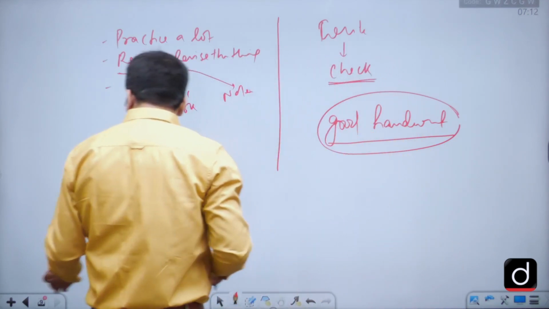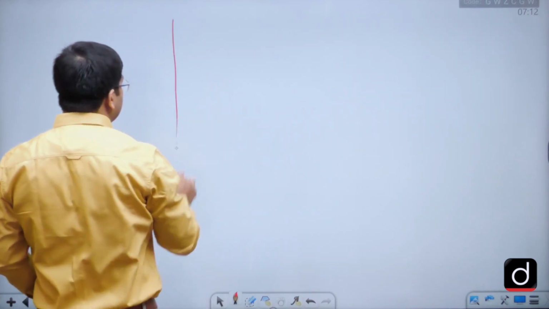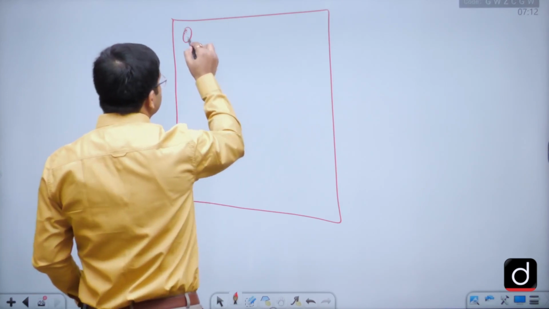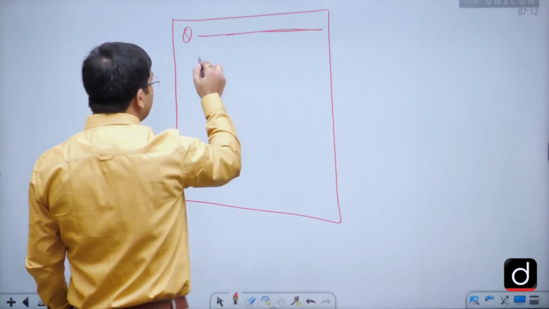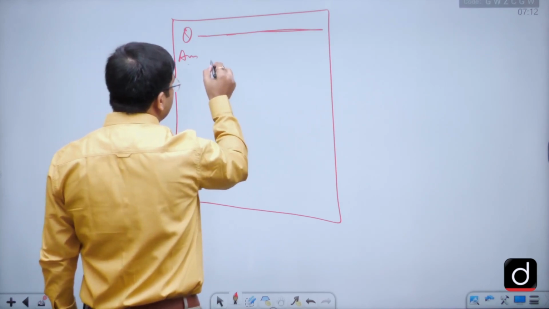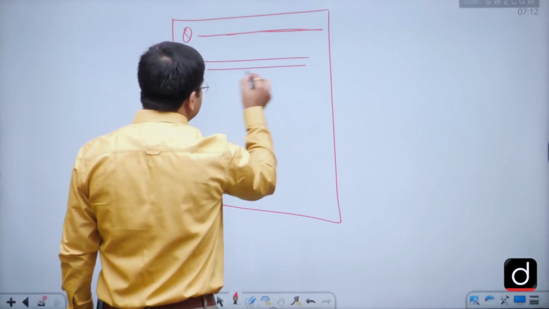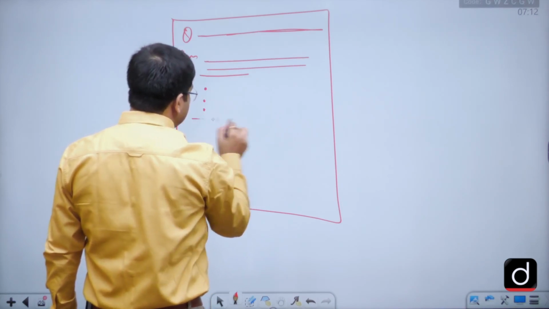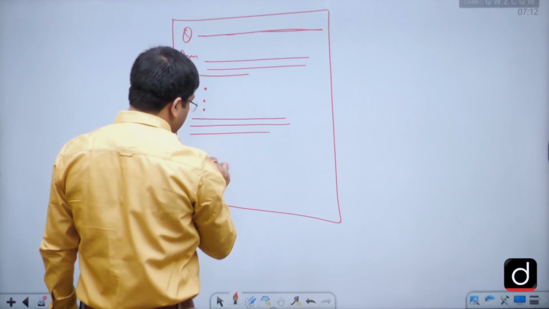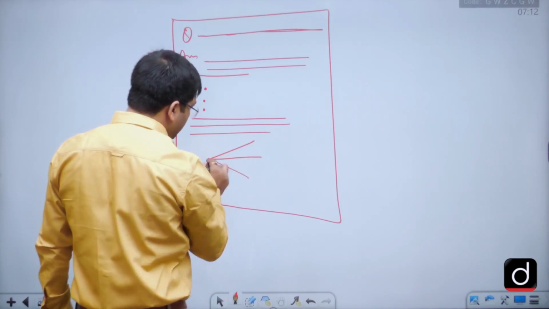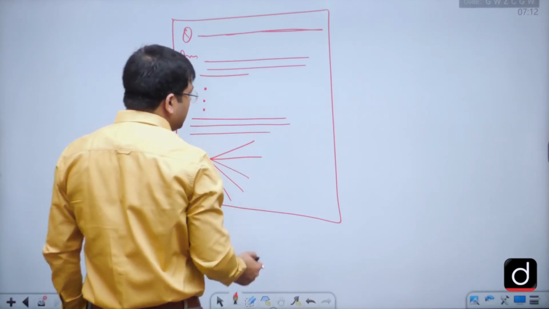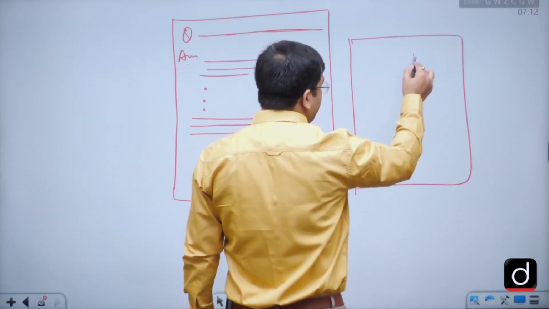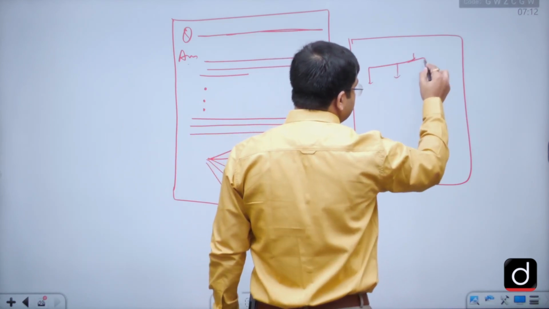So in all, what should your answer look like? If this is the answer sheet of UPSC, this is the question, your answer should be like this: points, 1 point, 2 point, 3 point, 4 point, 5 point, right? Second page, you have made a diagram like this.